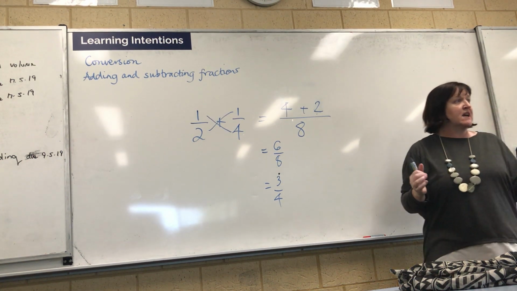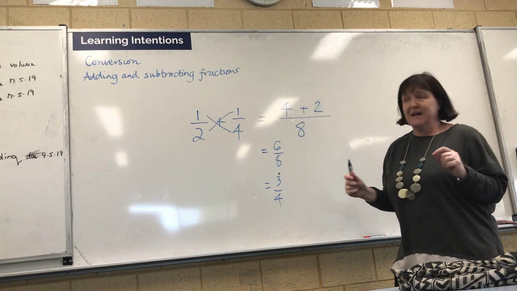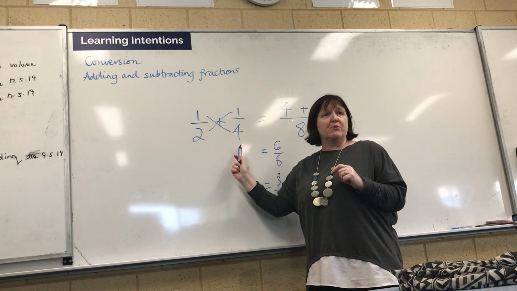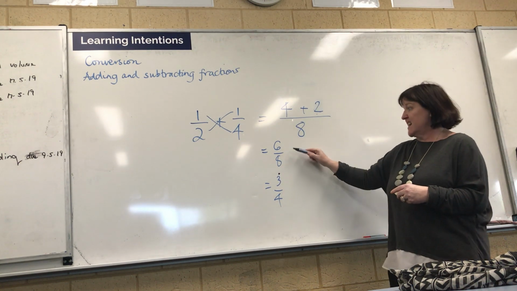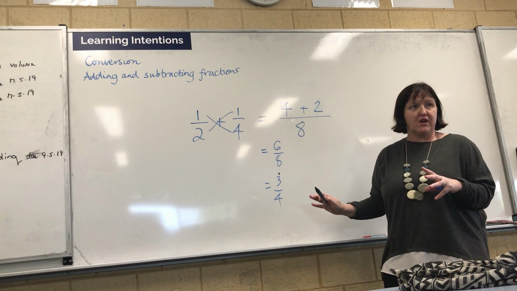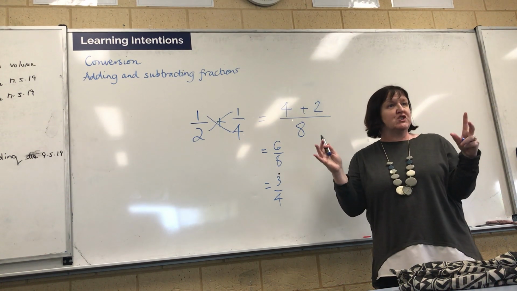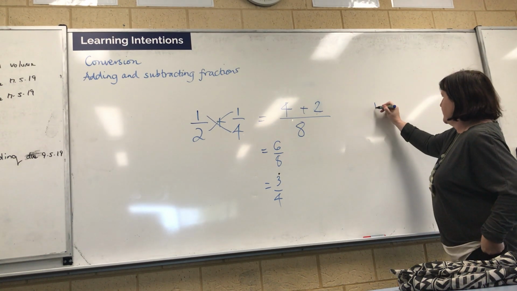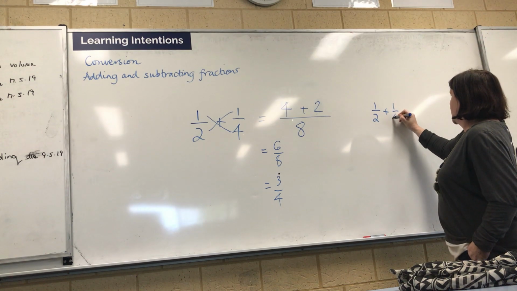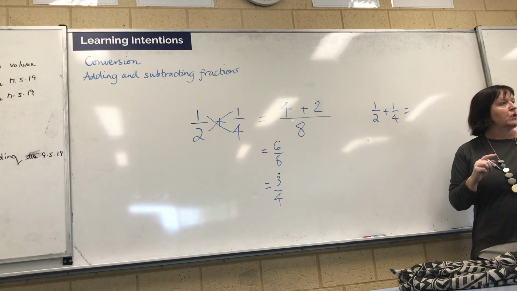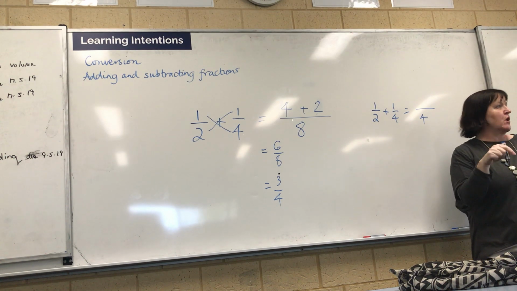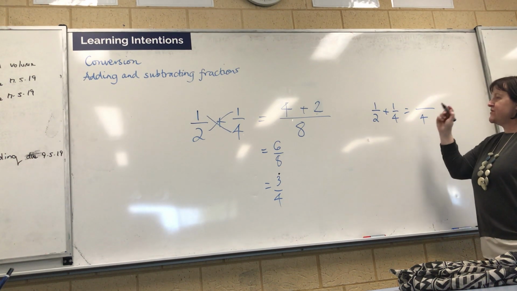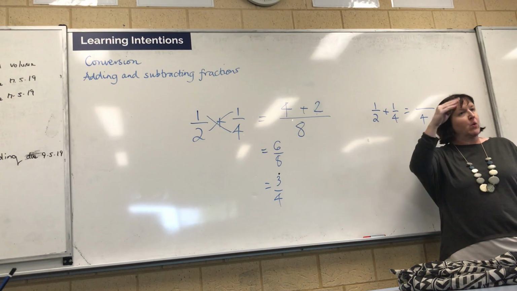To be honest, I think the easiest way to do it is to multiply your denominators, and then if you need to simplify later, like we did there, just do it, okay? But if you don't want to do that, this is how you do it. So for instance, for a half plus a quarter, your new common denominator will be 4 because that is the lowest common multiple. So this time though, you've got to look at your equivalent fractions.